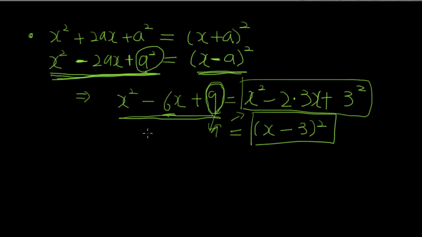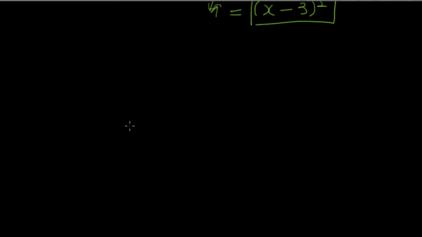Another formula would be, after the previous formula of perfect square, the sum of two cubes or difference of two cubes. Well, the formula looks like this. Let's say you have x to the cube plus a to the cube, like this.